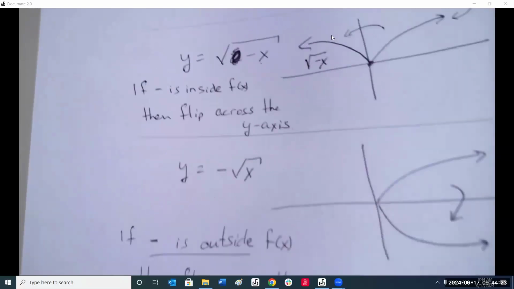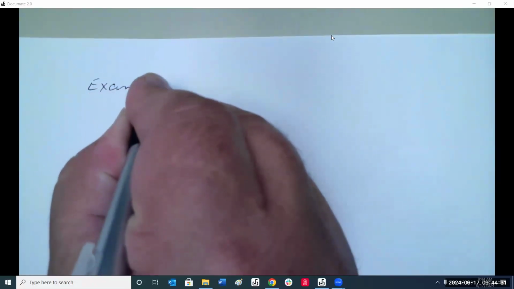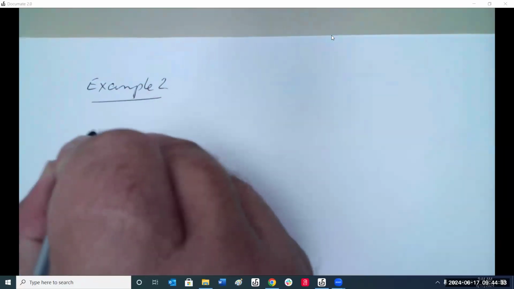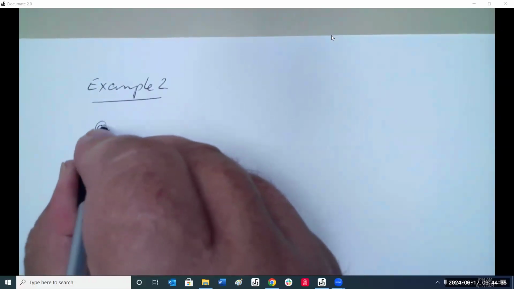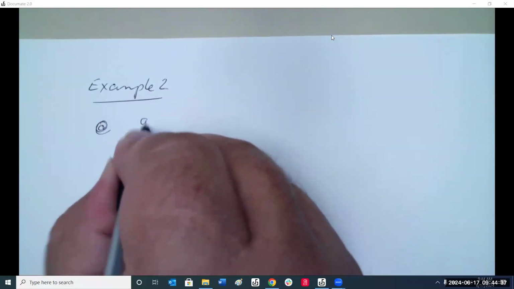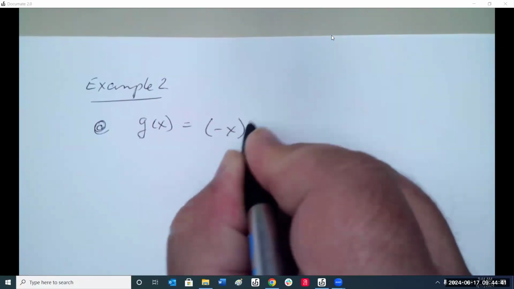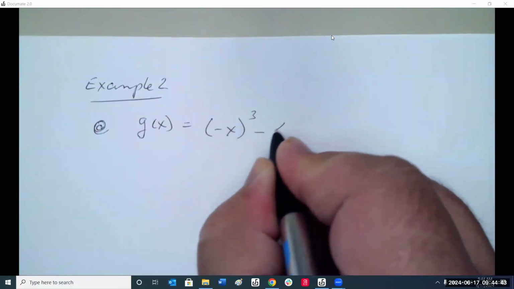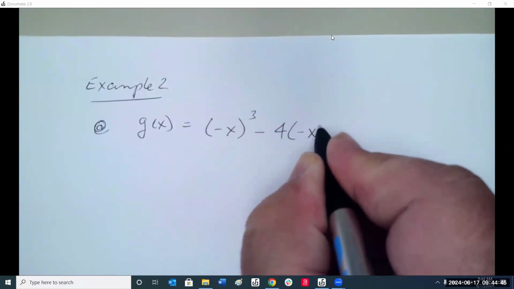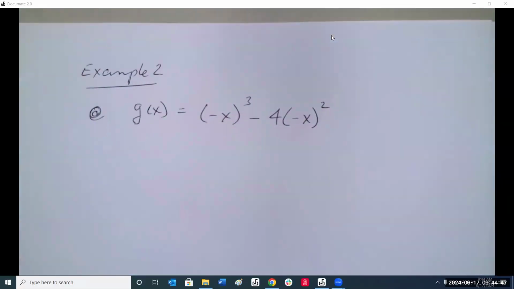All right, let's look at example 2. Graph this function. Negative x cubed minus 4 times negative x squared.